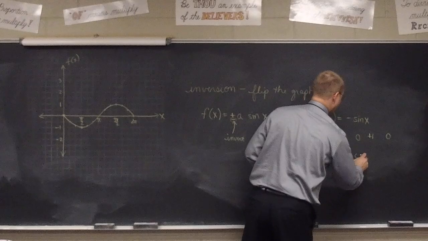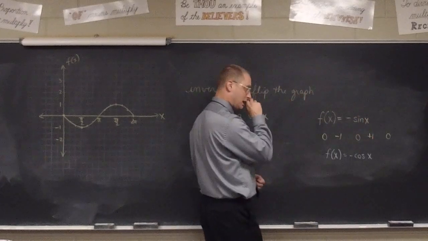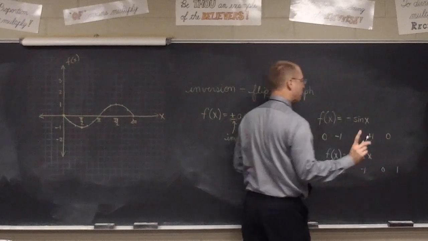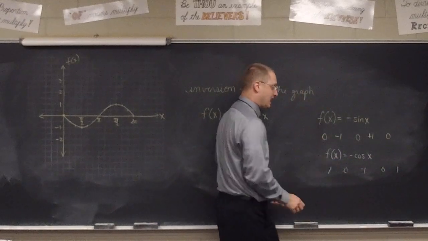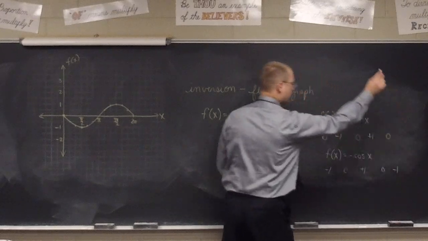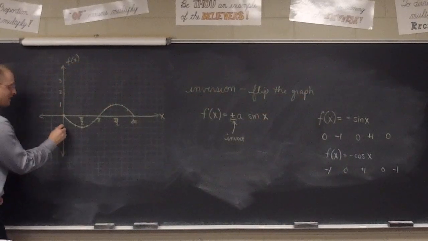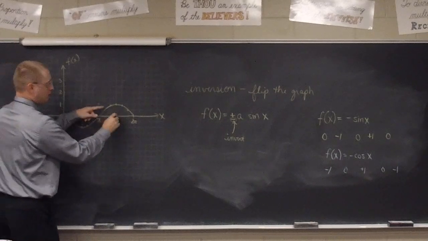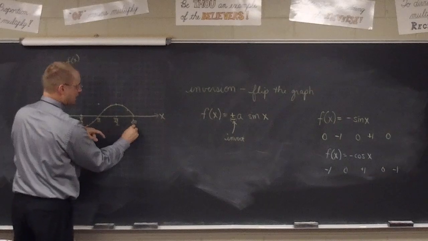f of x equals negative cosine x. What are my key points of cosine normally? 1, 0, negative 1, 0, 1. But if I'm going to invert the graph because of the negative: negative 1, 0, 1, 0, negative 1. So we're going to start down here at negative 1, go up to 0, up to 1, back down to 0, back down to negative 1.